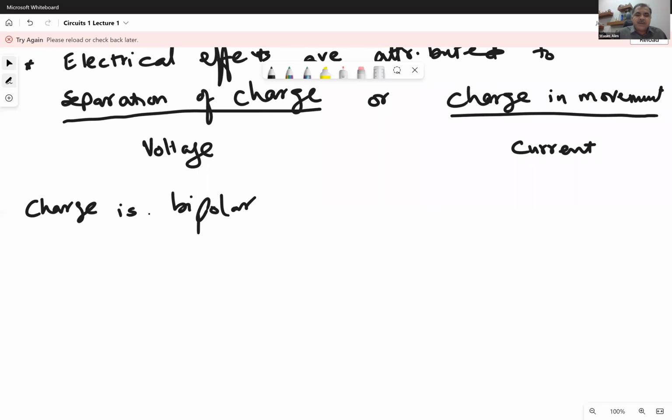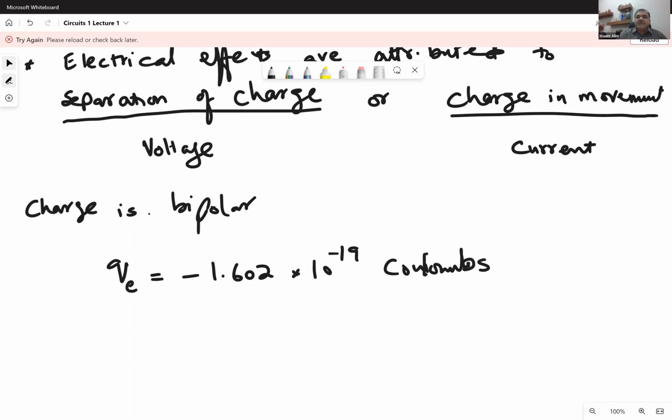Meaning that if I were to write the charge on an electron, it is going to be minus 1.602 times 10 raised to the power minus 19 coulombs. Okay, so that's the charge on an electron.